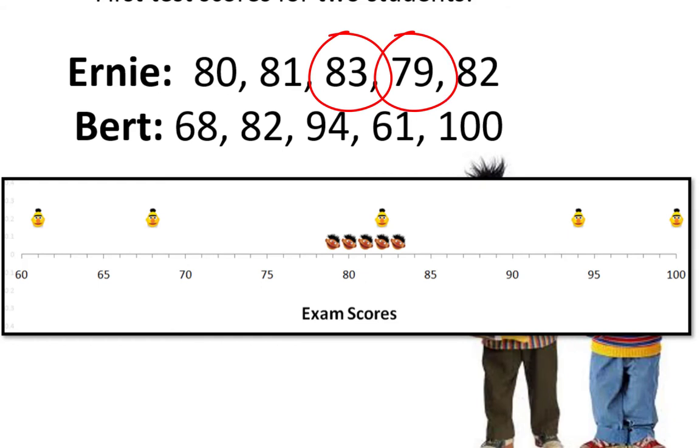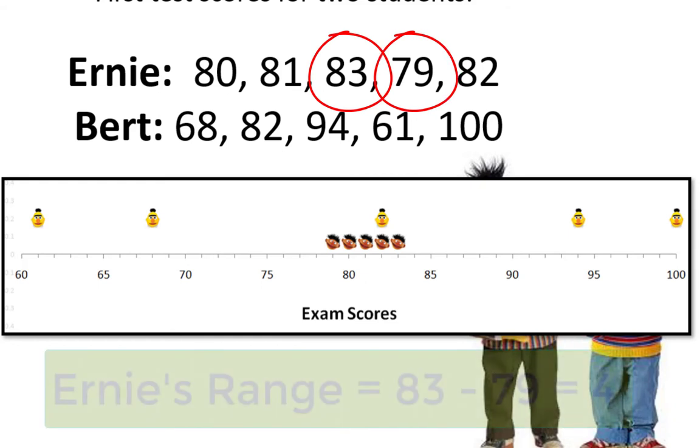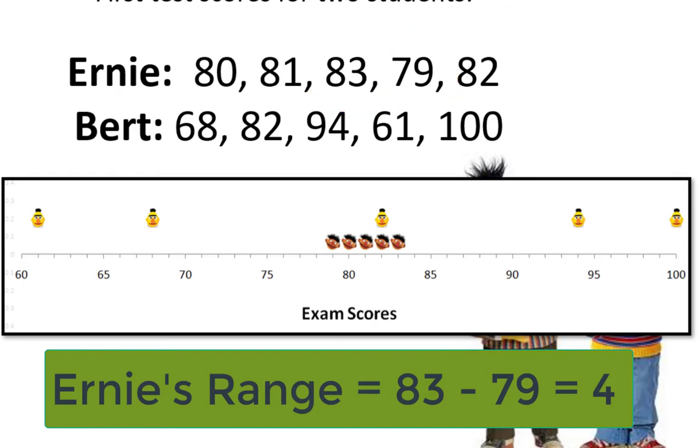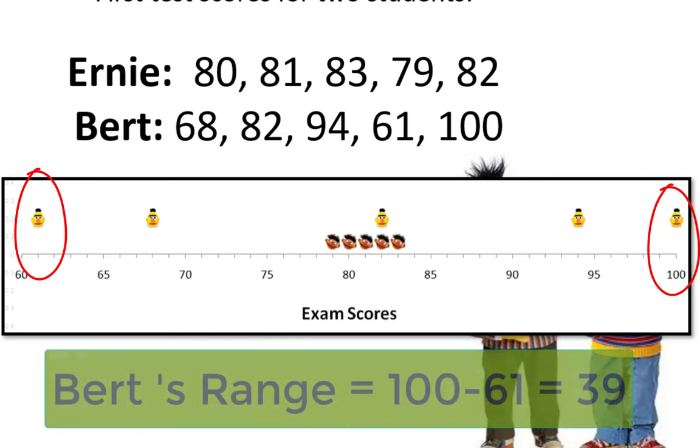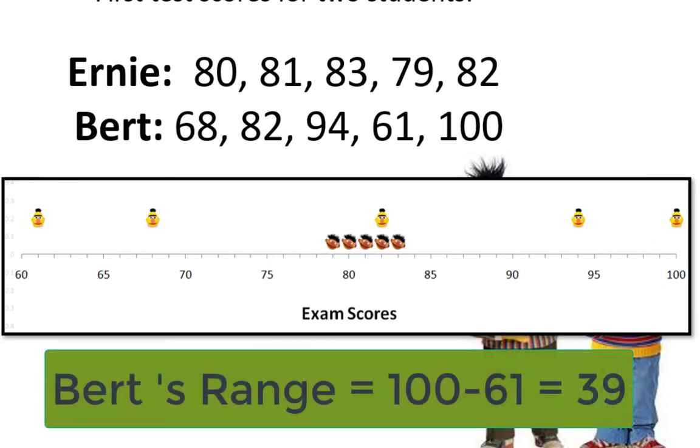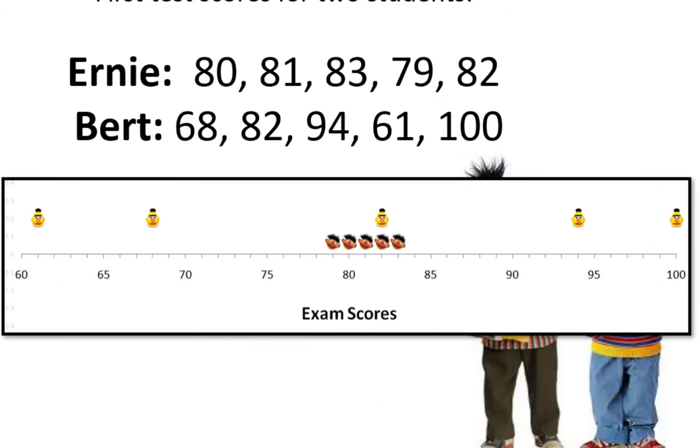That means he has a range of 4 because 83 minus 79 is 4. Bert's range is greater. He's got a high score of 100 and a low score of 61, which means he has a range of 39, which is roughly 10 times the range of Ernie's. So one thing you could say is that, using the range, Bert is 10 times as variable as Ernie.